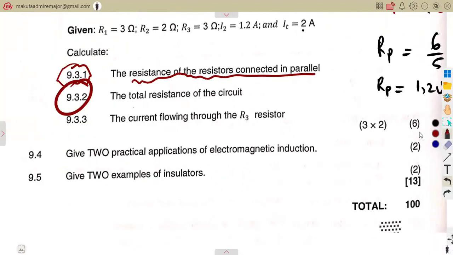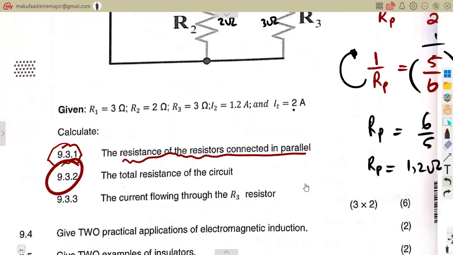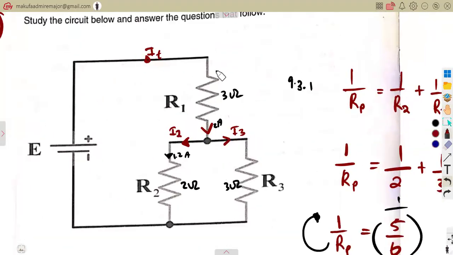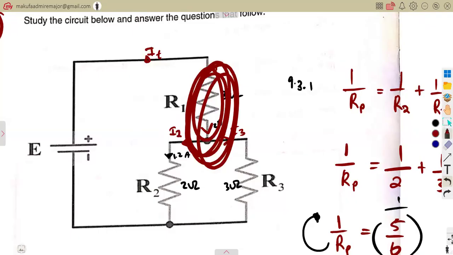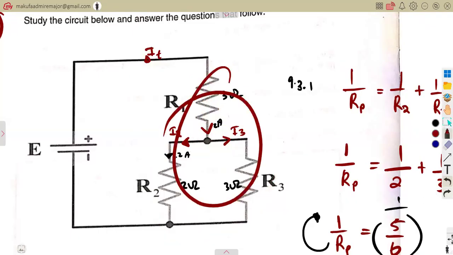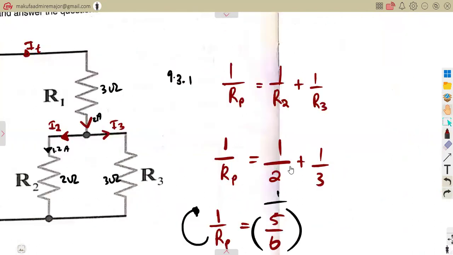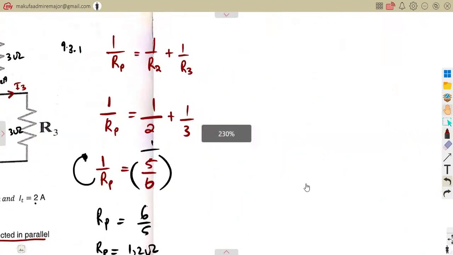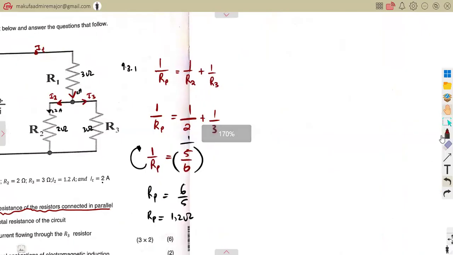Then the total resistance of the circuit, you are now combining with R1. Remember, you combined these two, then to R1, they'll be in series. So in this case, the total resistance will be R1 plus the parallel combination that you obtained.